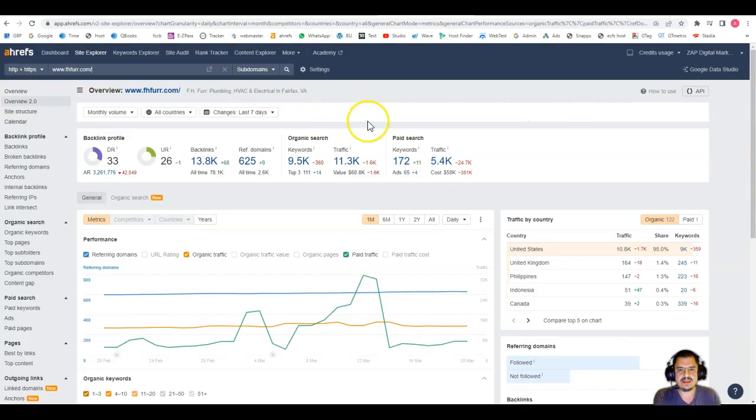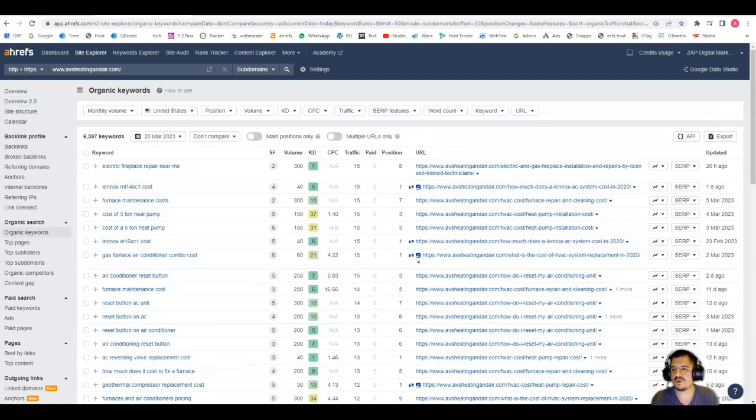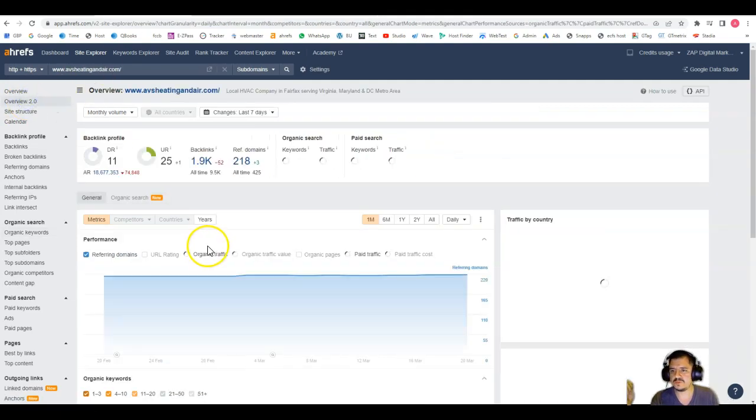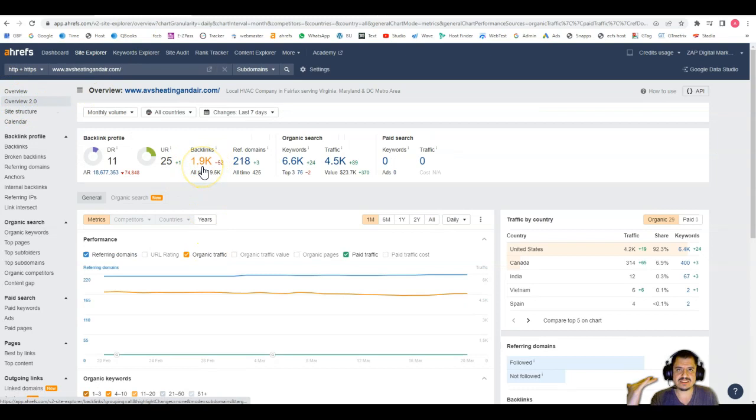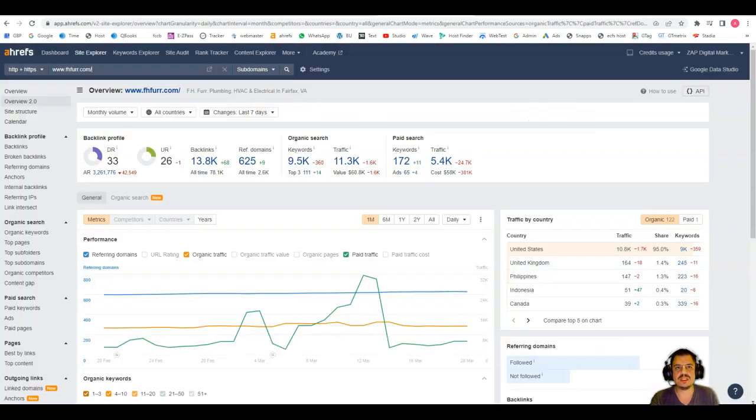They know what they're doing. So you can see here they're being found for 9,500 keywords, with over 13,000 backlinks, and if we compare those two years, let's see, just to see that. Okay, it's not about the numbers, it's about the quality, but you get the idea. They're spending a lot of money on their marketing campaigns.